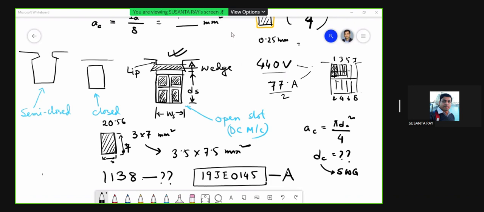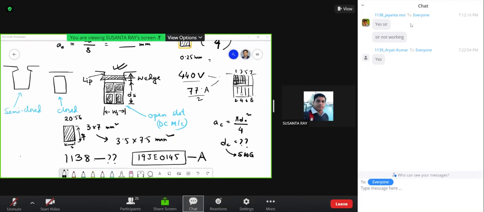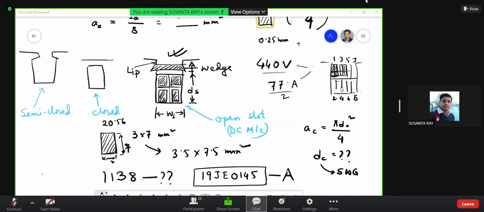Now he will also tell that his device is not working, his mic is not working, the standard excuse. Aryan Kumar, you just unmute yourself. Aryan Kumar 1139. Try to unmute yourself. Another chat I will get.